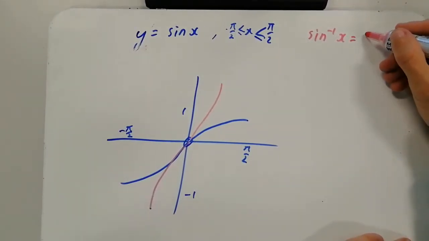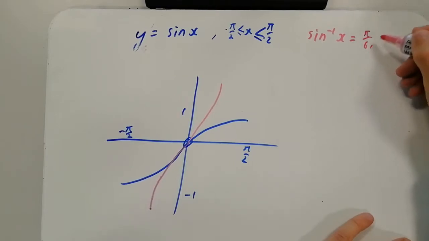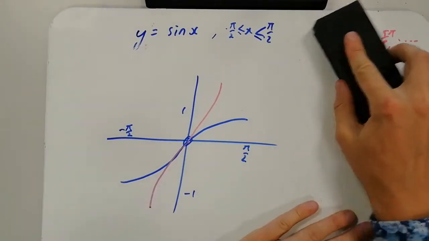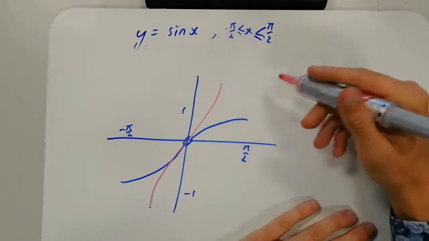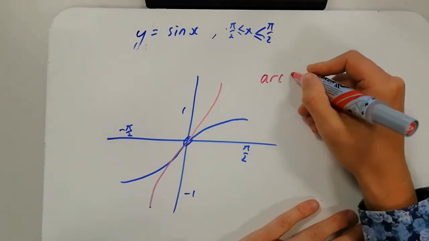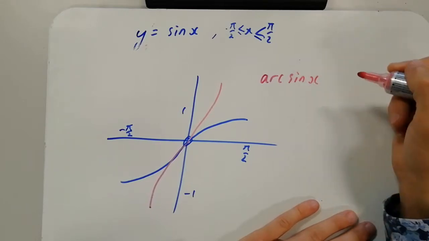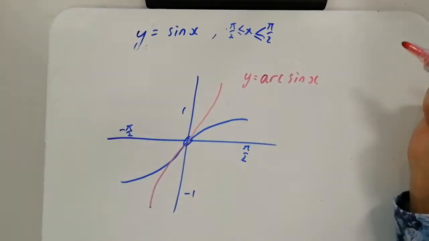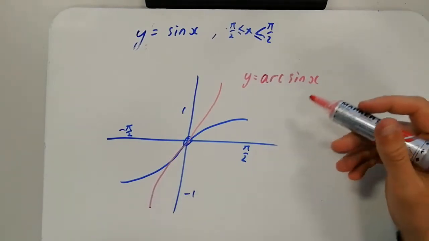If you were solving for where it equals a half, you might have had pi over 6, 5 pi over 6, and so on. We just want one value because we want it to be an inverse function. This is what we define as arc sine x. And that's the inverse function of sine x rather than just the inverse.